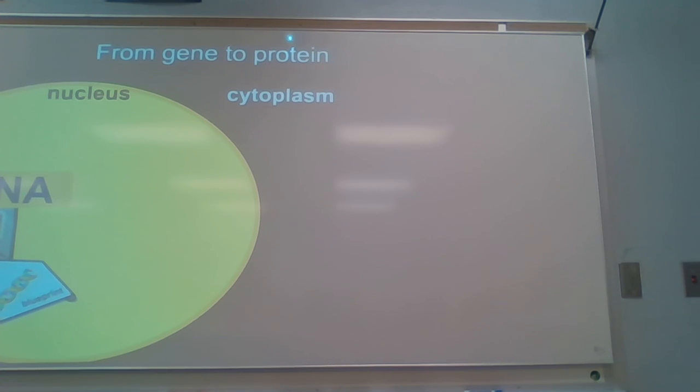So the blueprint for us is coded in that DNA. And the nucleus is like a safe because we have that for protection, right? We're protecting our DNA from getting hurt or damaged. Still can get damaged, but the nucleus helps to prevent that.